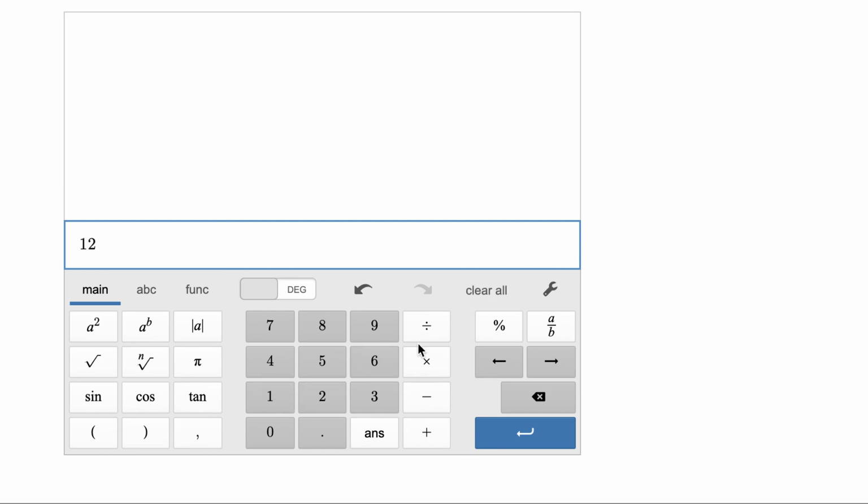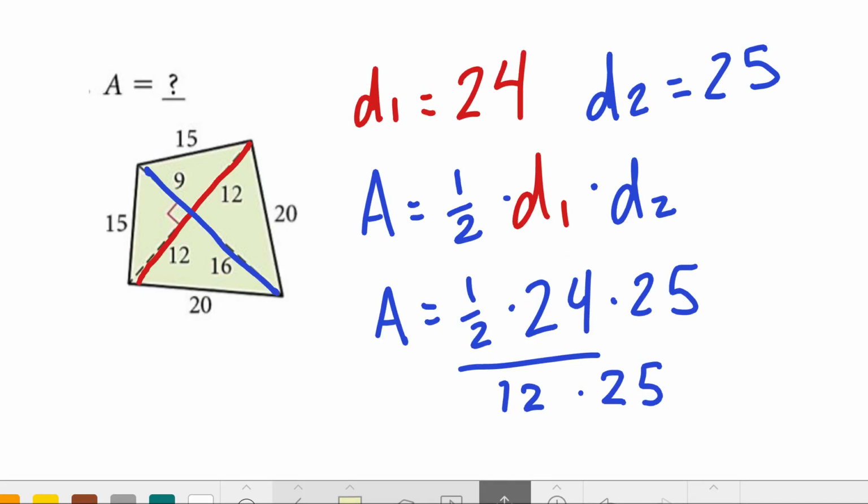So 12 times 25, which is 300. So I get that the area equals 300. And in this situation, I didn't actually tell you the units. So instead of saying inches squared or centimeters squared and making up a unit, you would just name it units squared. And that's the answer for the area of this kite.